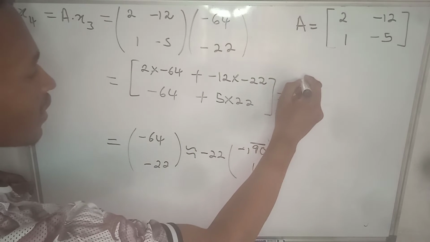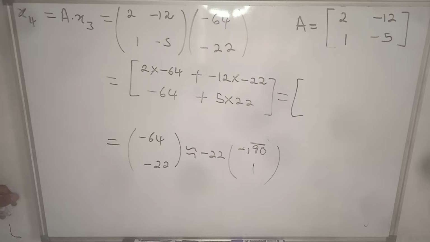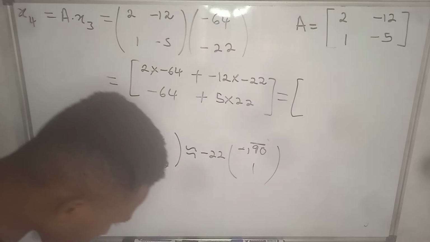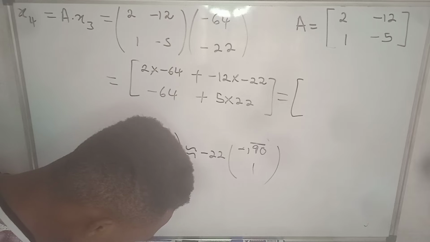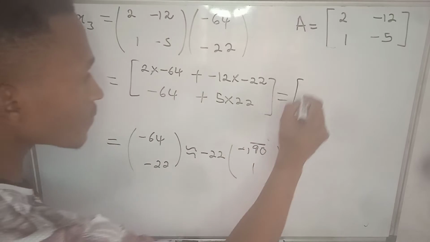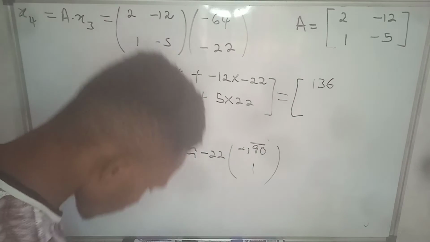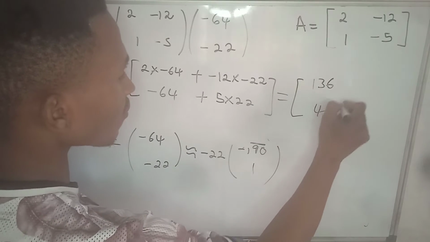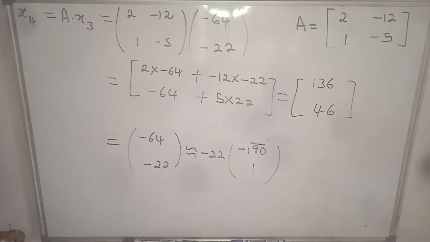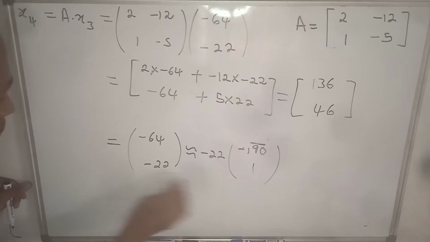If we simplify this using our calculators, we'll be getting something like 136 over 46.